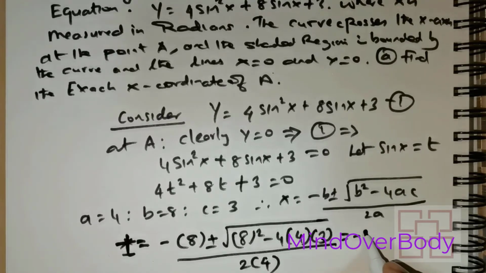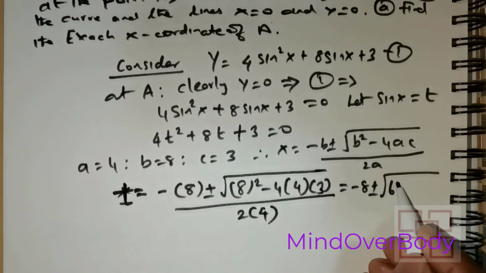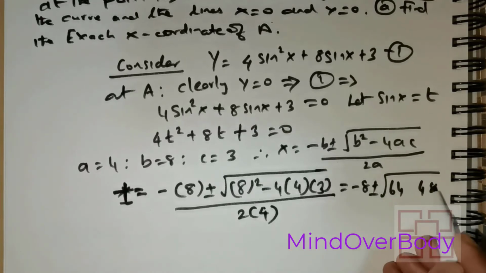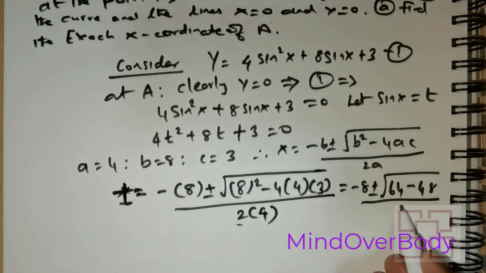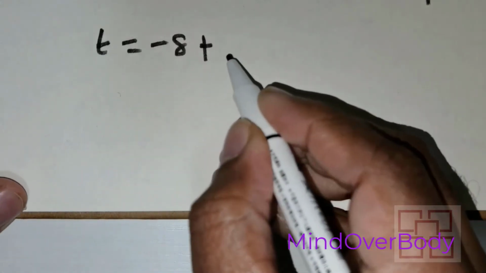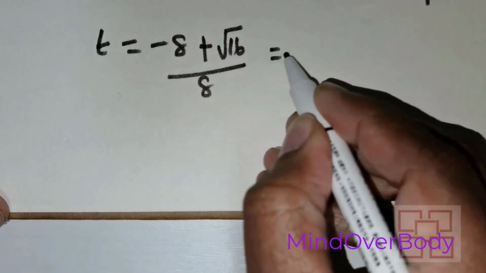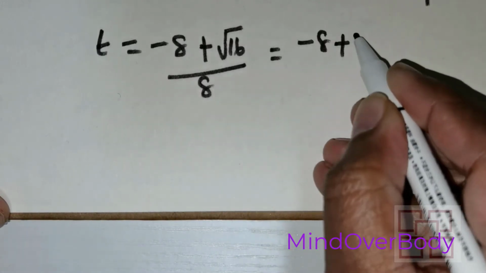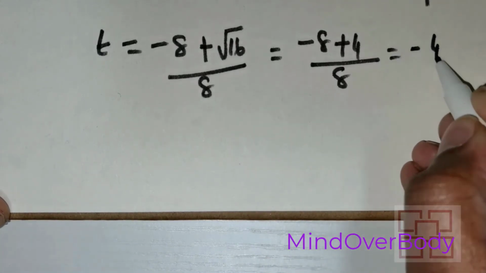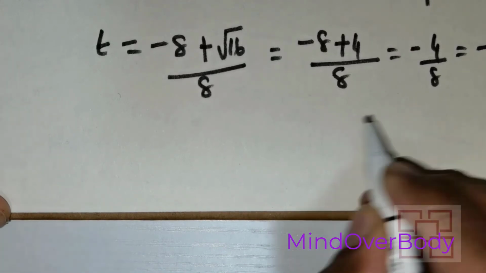This is equal to negative 8 plus or minus the root of 64 minus 48, since 4 times 4 is 16 and 16 times 3 is 48, divided by 2 times 4, which is 8. So that is negative 8 plus root 16 divided by 8, which gives me negative 8 plus 4 divided by 8, which is negative 4 over 8, which is negative 1 over 2.